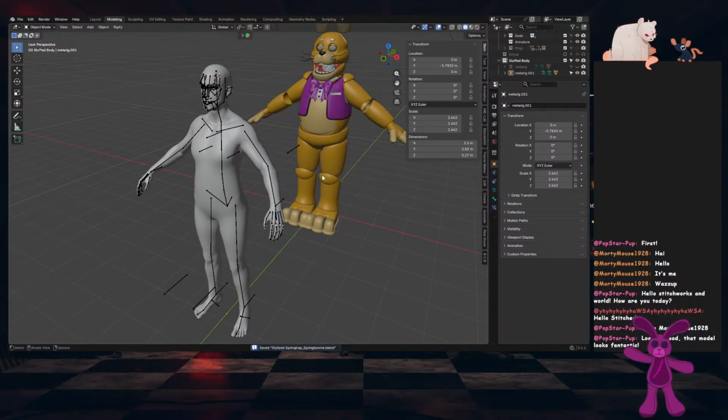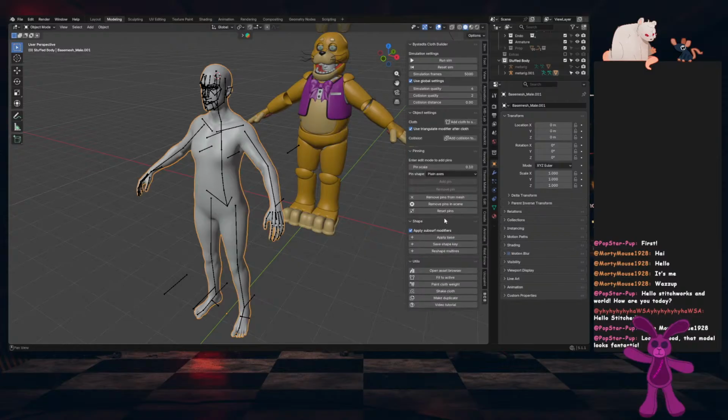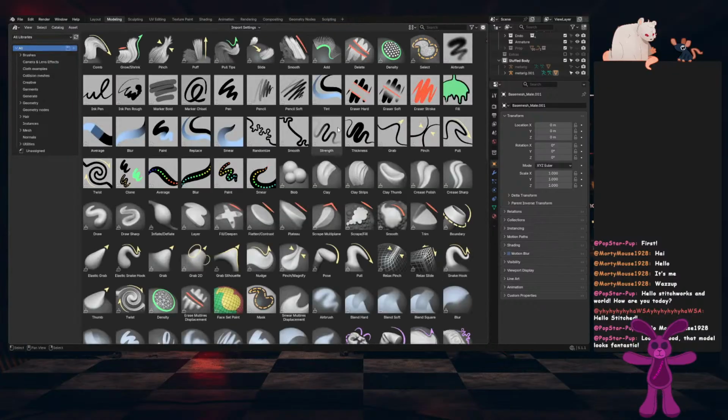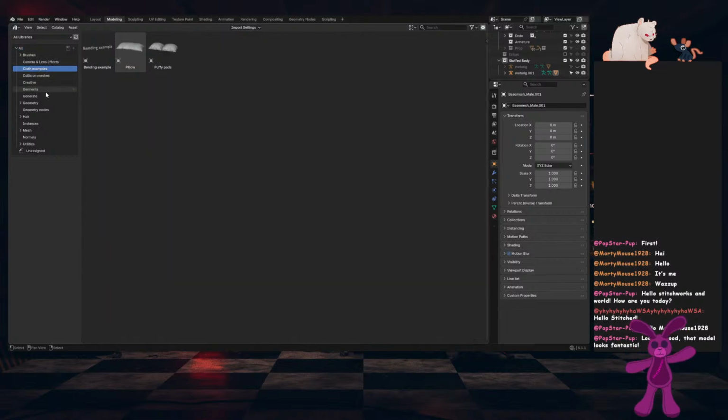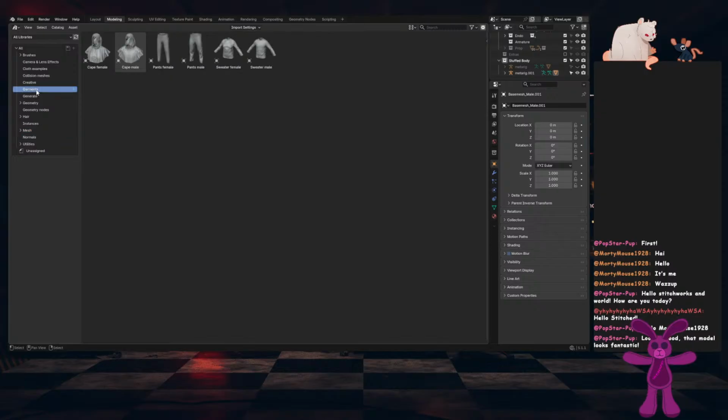There we go. Now we have a clothing thing. I want to set this. Let's see. Add collision, and then open an asset browser. Listen carefully. So, looks like they've only got pants and sweaters.